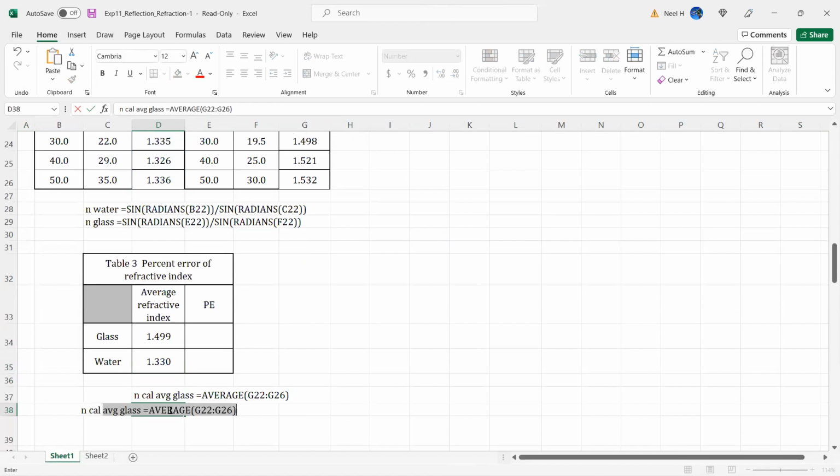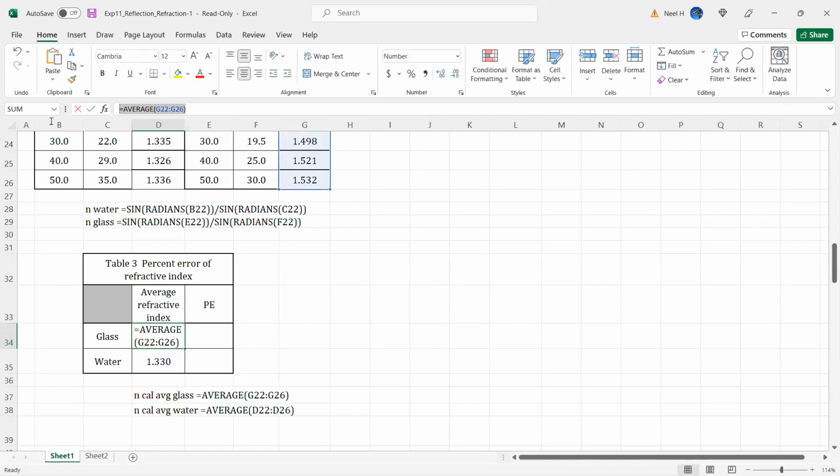Professor, can you show us how you fit the calculated average glass formula? How I use it right here? Right here. Equal average. You can type the word average. No, I got that. I mean, how do you paste it? How do you make it look like that? Oh, how I paste it?